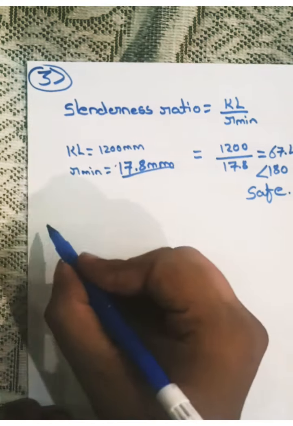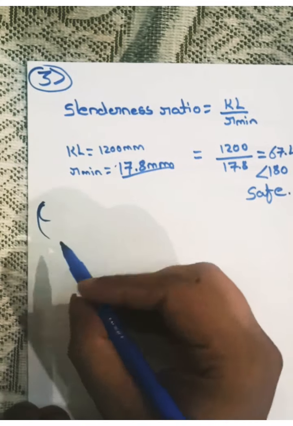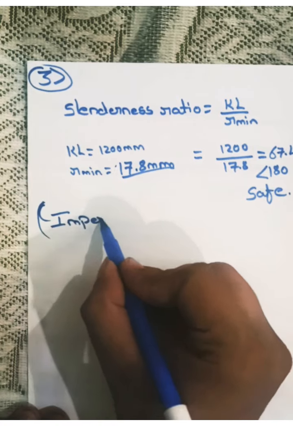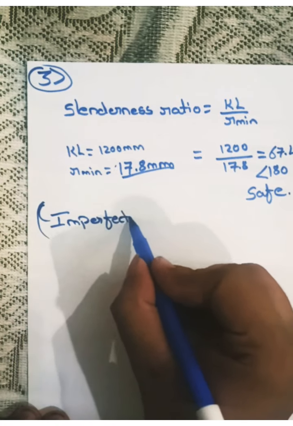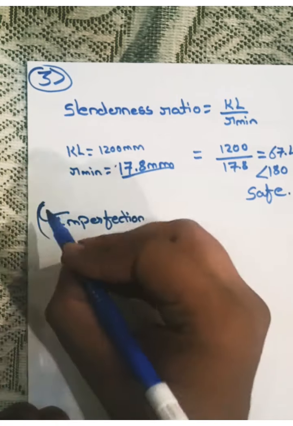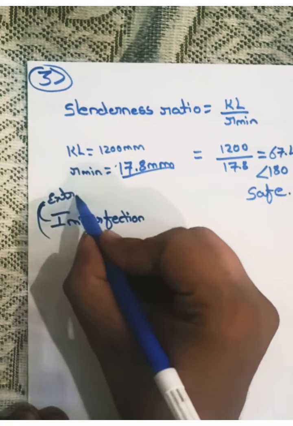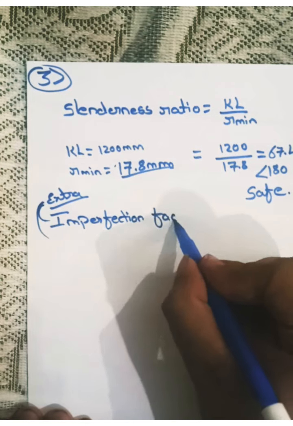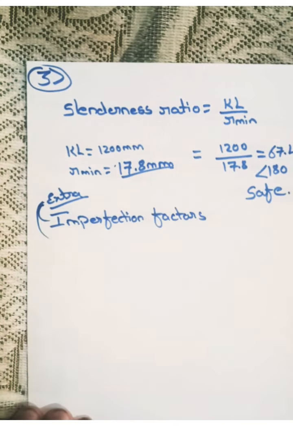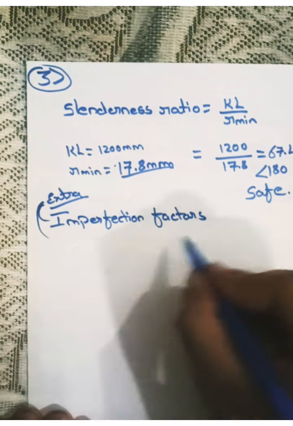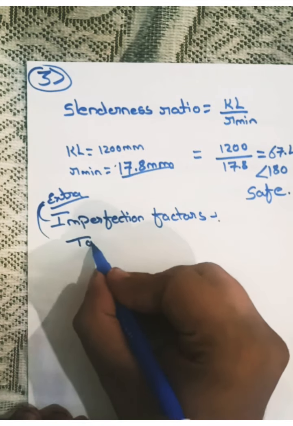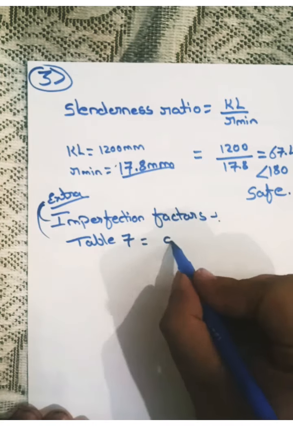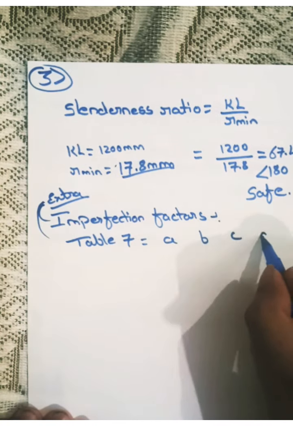I will write it down here for your understanding; you don't have to write it in the exam. Imperfection factors are given in Table number 7 for A, B, C and D.